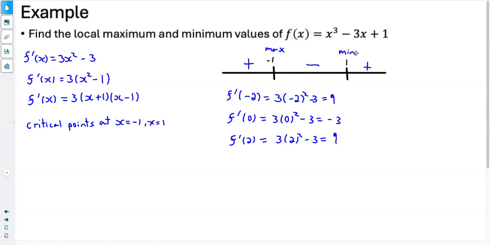Now, the thing with this is it says find our local maximum and minimum values. So we also want to figure out what those exact values are. I need to put those into our original function. We know we had our maximum at negative 1.